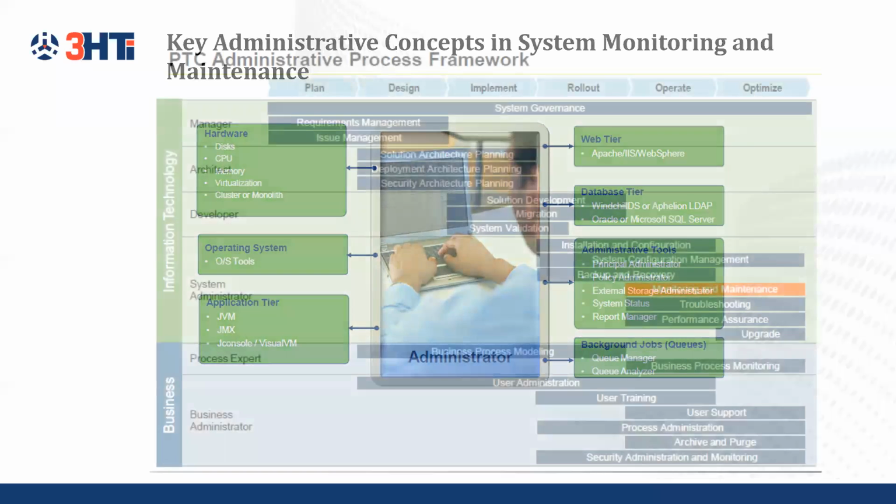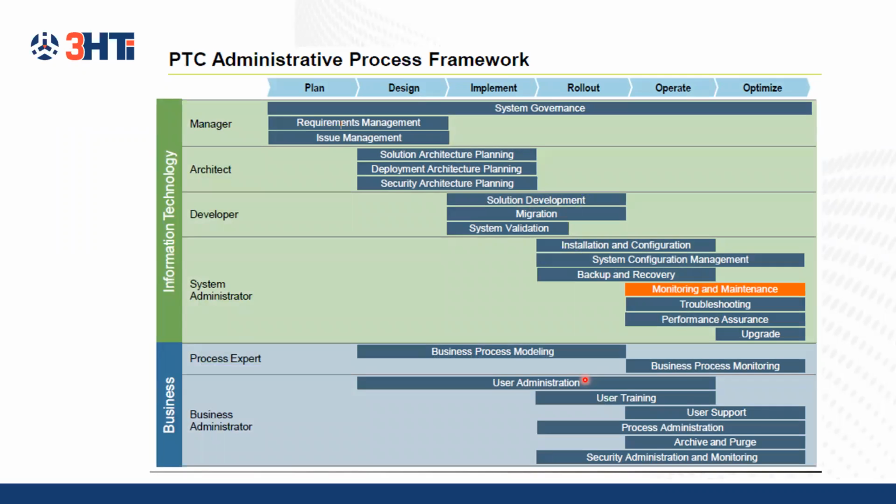All right. So looking at this from the perspective of planning a Windchill implementation all the way through to rollout and optimization, this is where we are. We've already deployed our system, and now monitoring and maintaining the system becomes very important. If we look here on the left, typically this would fall under an IT sort of role.